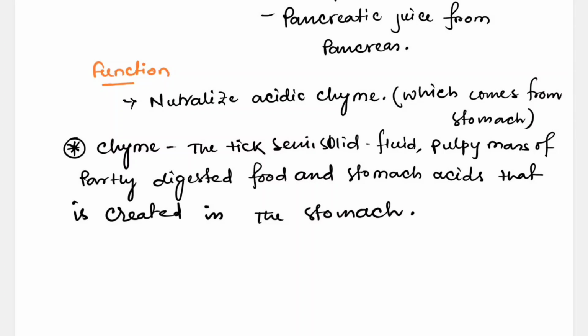You understood? Chyme is nothing but the semi-solid, pulpy mass of partly digested food, meaning the food we eat that is not completely digested, only partly digested. It is semi-solid and pulpy, along with stomach acids created in the stomach. The undigested or half-digested food in the stomach is called chyme. So the neutralizing of this acidic chyme is also done by the small intestine.